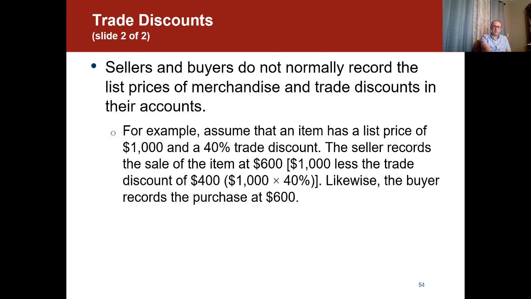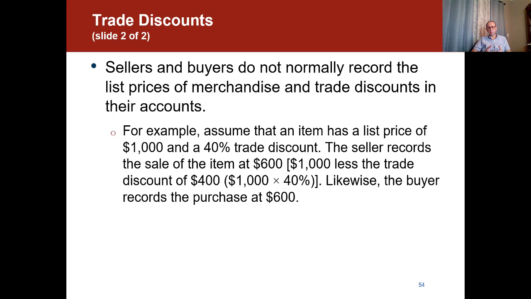Let's see an example for that. Sellers and buyers do not normally record the list prices of merchandise and trade discounts in their accounts. So for example, assume that an item has a list price of $1,000 and a 40% trade discount. The seller records the sale transaction at $600, which is the 1,000 minus 40% of 1,000.